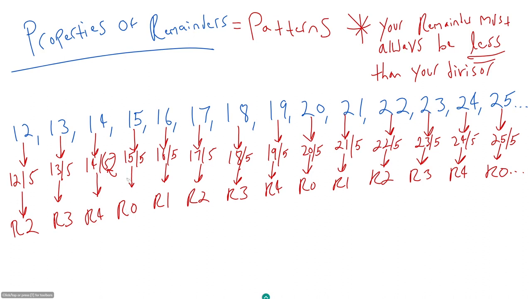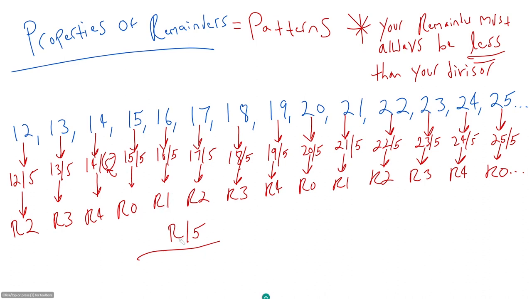And so why is this important? What does this mean for some of the properties of your remainder? So if you are dividing by 5, it could be any set of numbers. What are your possible options for what your remainder could be?